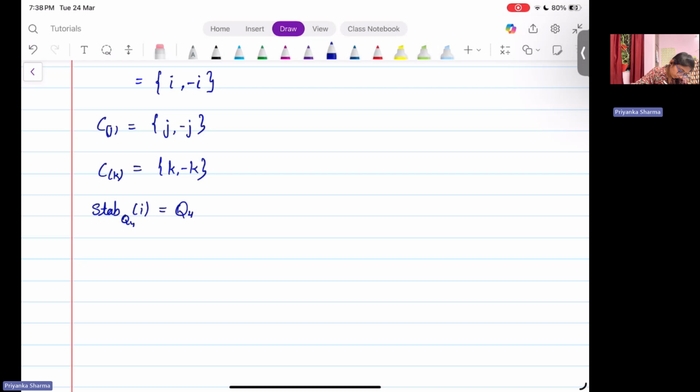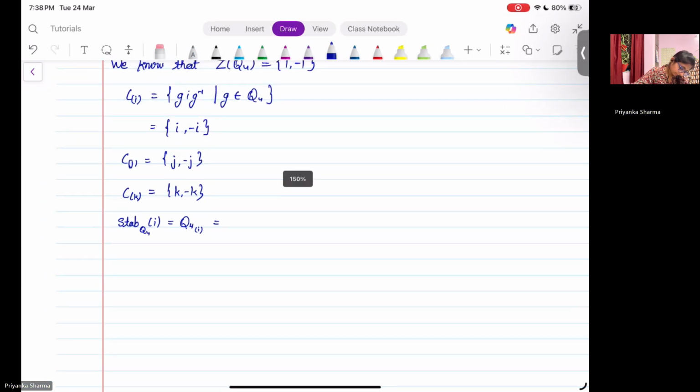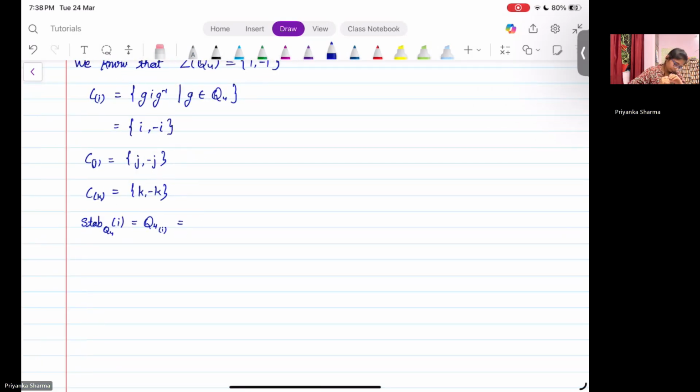We can use the notation Q4_I. This will be the collection of G belonging to Q4 such that the conjugation G I G inverse gives us I again.